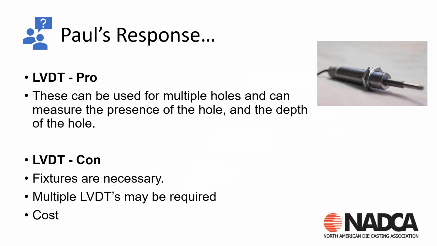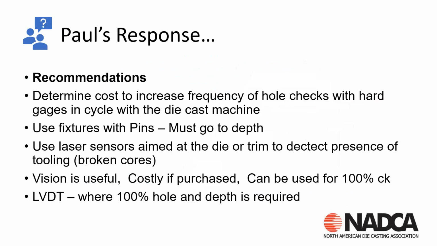So you know if you've got a partial broken core or if the core is completely there. The problem with this is these sensors are large. So if your cores are close together, you may not be able to get all the sensors in there. Fixtures are necessary, and if you have multiple cores, multiple LVDTs are going to be required, and there is some cost associated with that.